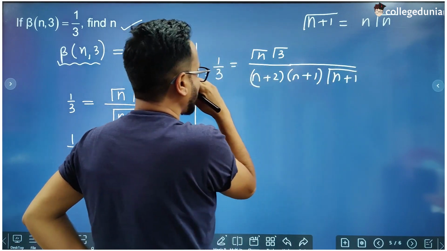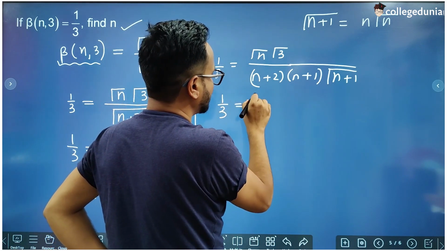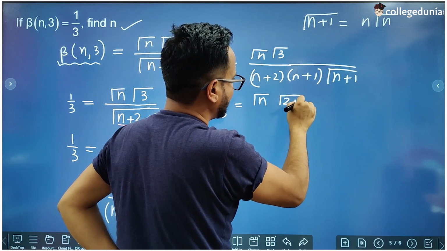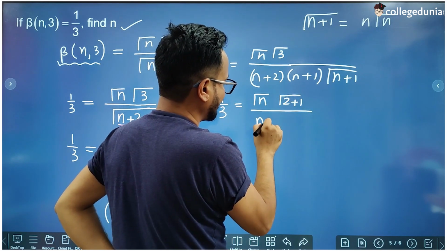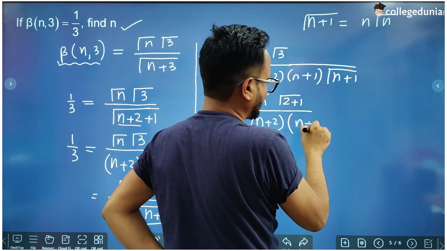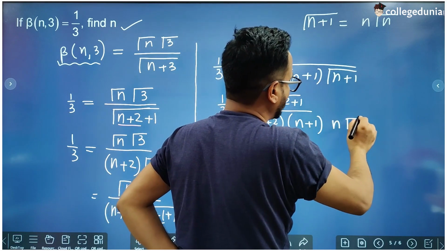Now again use this property on 3 also. So 3 is 2 plus 1, and gamma n plus 1 is n into gamma n.